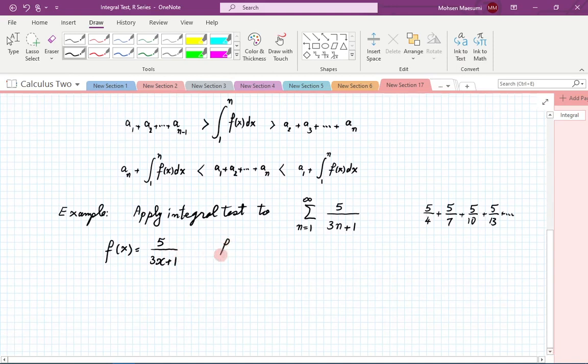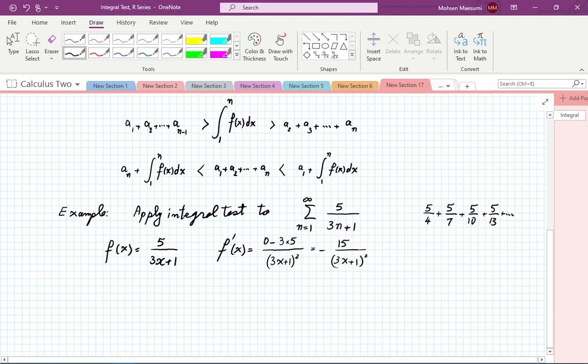So as a check to see if my function is decreasing or not, I take a derivative. Of course, here derivative of numerator times denominator is 0, minus derivative of denominator, which is 3, times numerator, which is 5, over (3x plus 1) squared. Well, that's obviously a negative quantity wherever it exists.